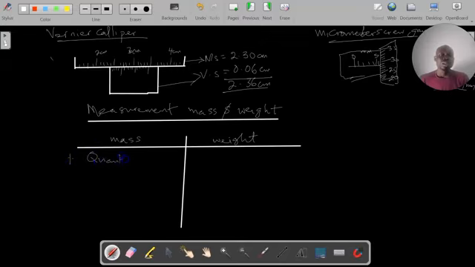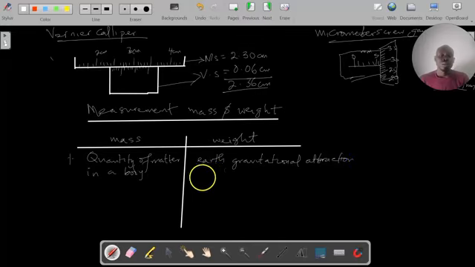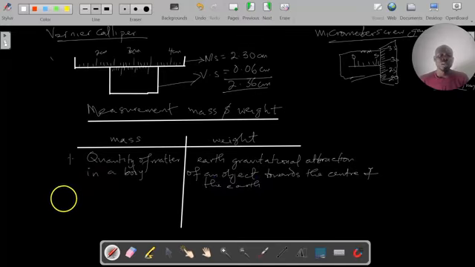Mass is quantity of matter in a body, while weight is Earth's gravitational attraction of an object towards the center of the Earth.